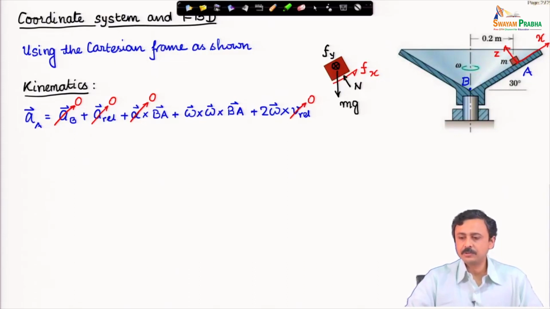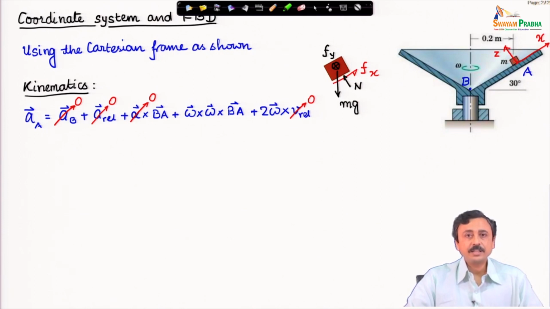Here the first thing you notice is that if the block is not slipping on the surface, then the block is sticking to the dish, and therefore the block is as if a part of the dish. Therefore, A and B are parts of the same rigid body, so A rel vanishes and V rel vanishes. The point B is on the axis, therefore its acceleration is 0, it is not moving.